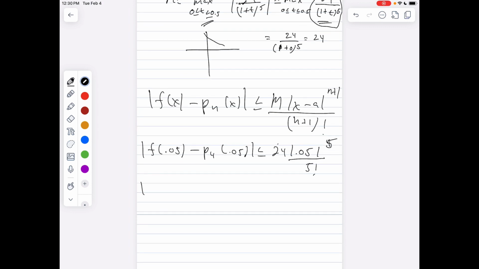And furthermore, f of 0.05 is like saying ln of 1.05, plugging 0.05 into that function.